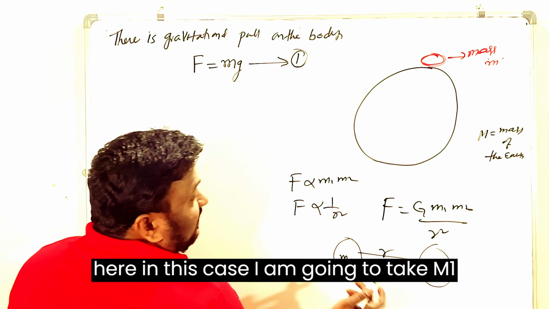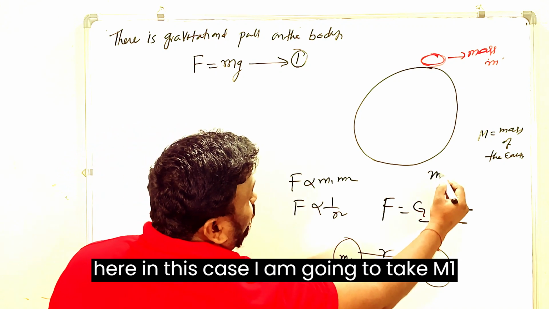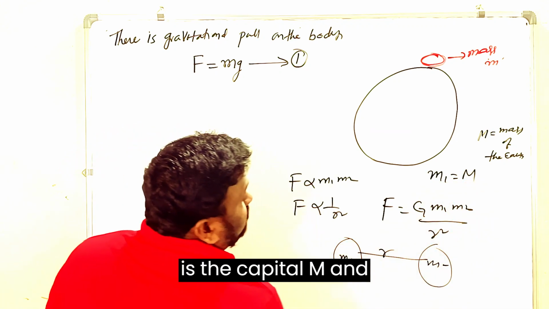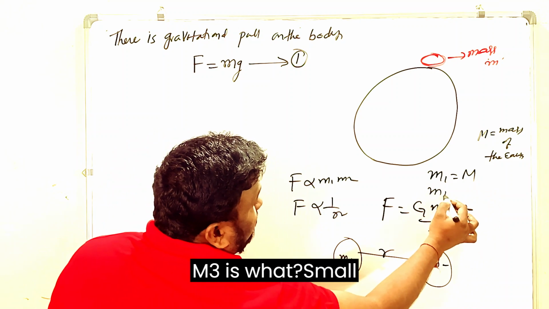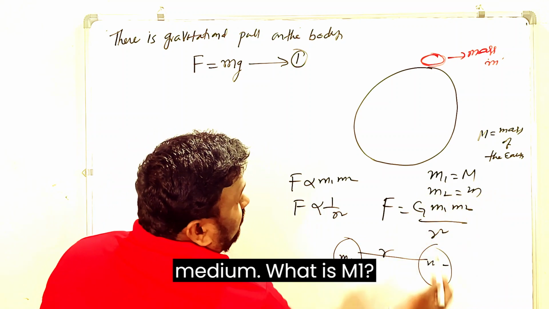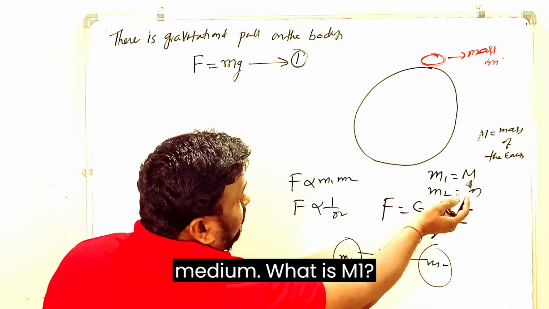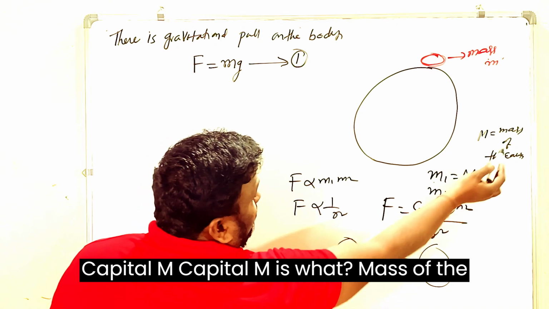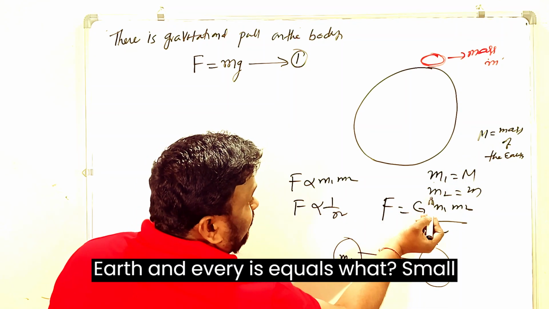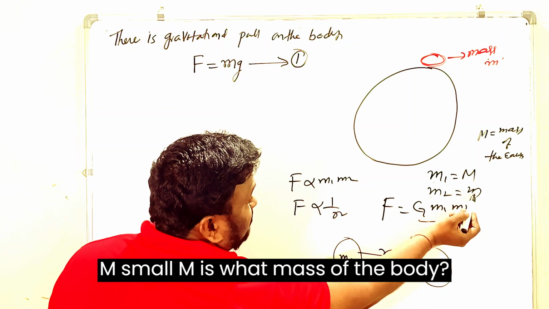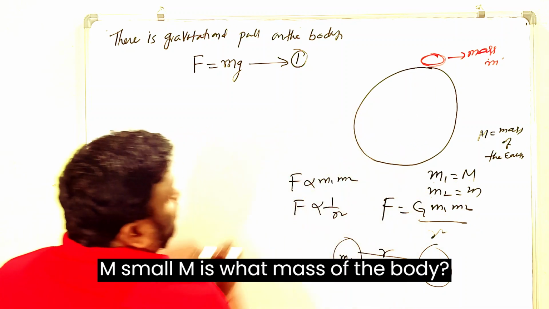Here in this case I am going to take m1 as capital M and m2 as small m. What is m1? Capital M, the mass of the earth. And m2 is small m, the mass of the body.